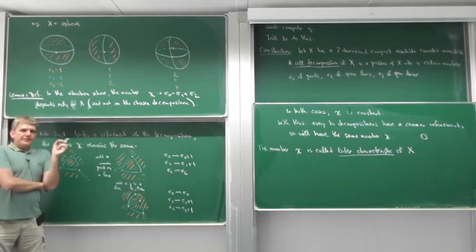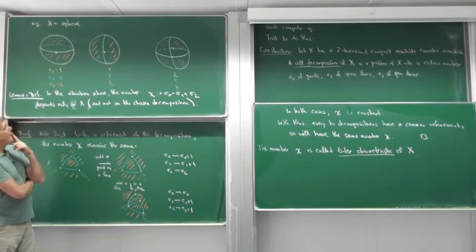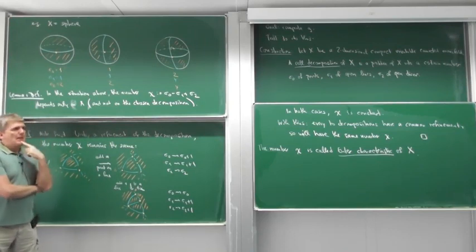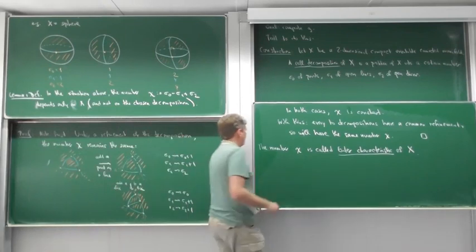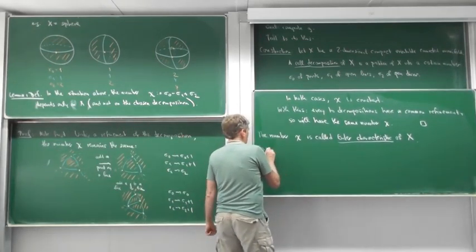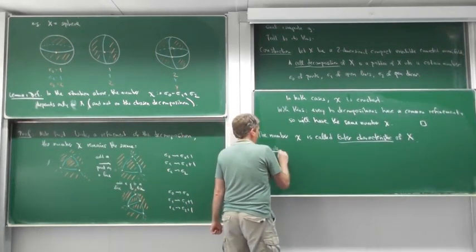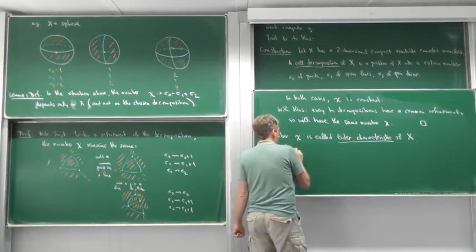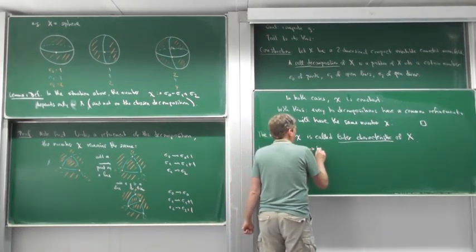As you might imagine, this Euler characteristic is now related to the genus. And let's just figure out how. So maybe call this an example. So how is the genus related to the Euler characteristic?